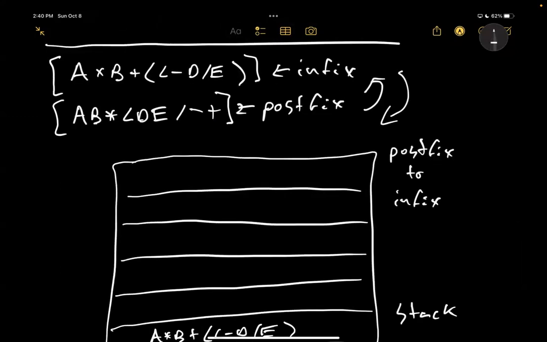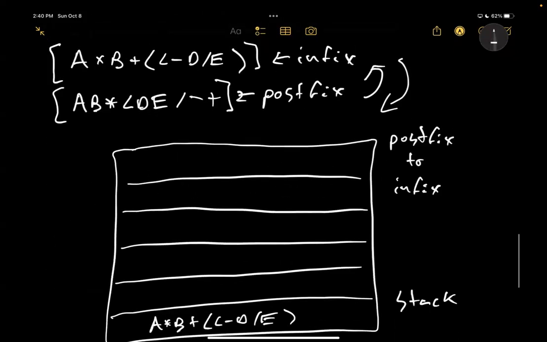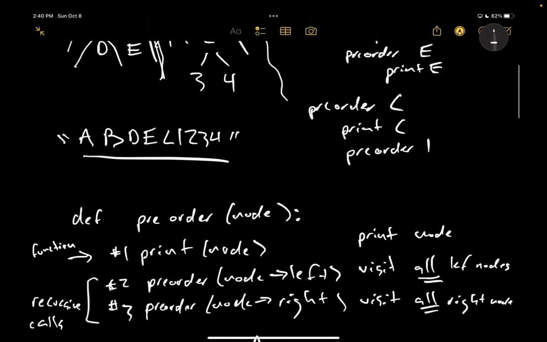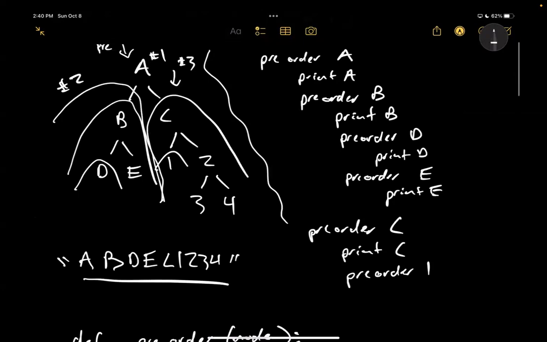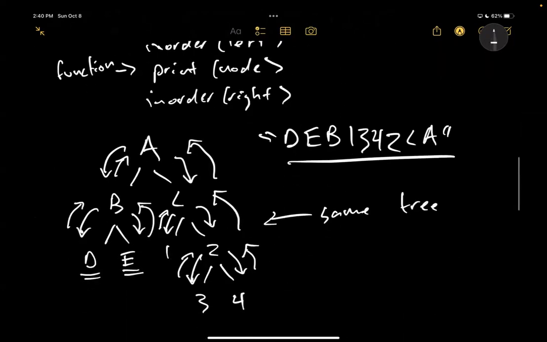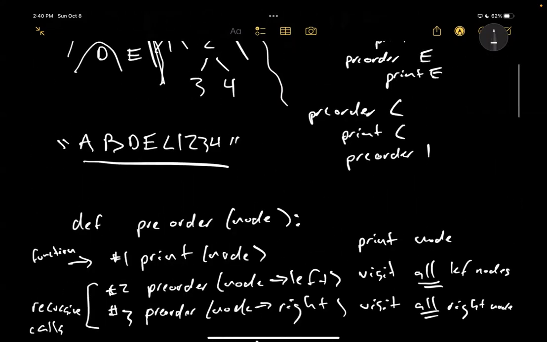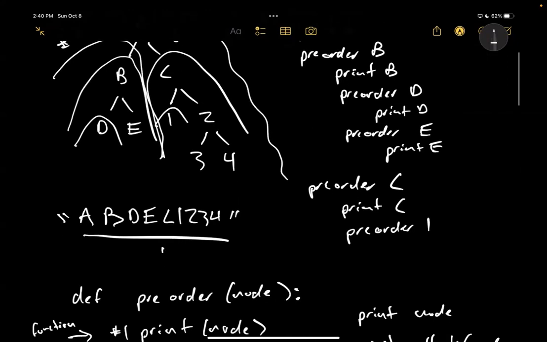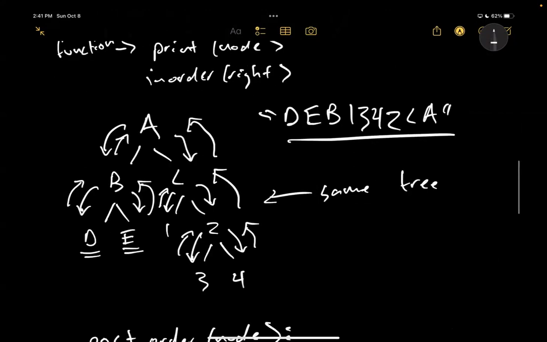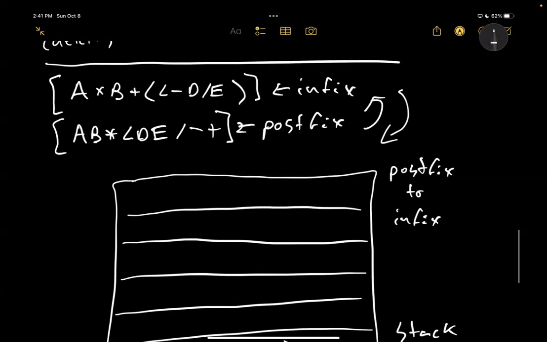Hopefully, I have built y'all's intuition to the point where y'all have now gotten a funny sense that what I showed you here is in some way connected to what I showed you here, right? What I showed you here is that even though we have the same exact tree, so the same tree here, same tree here, and the same tree here, we have come up with 3 different notations for describing that tree. The trees are identical, the notations, this notation, and this notation, they all have the same characters, but they're in a slightly different order. Now, back to here.